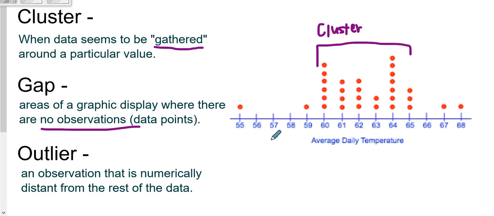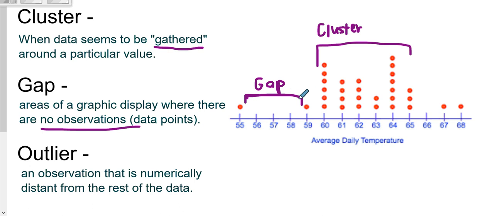So in this dot plot, for example, my gap would be between 55 and 59. There are no data points between there, so this would be considered a gap. It means there's no data points there. There's also a small gap at 66, but this would be your main gap that you're looking at because 56, 57, and 58, none of them have data points.